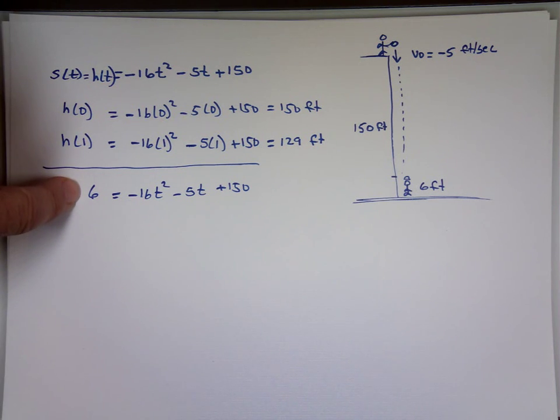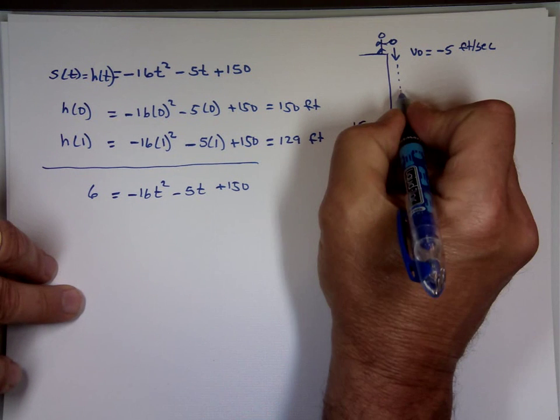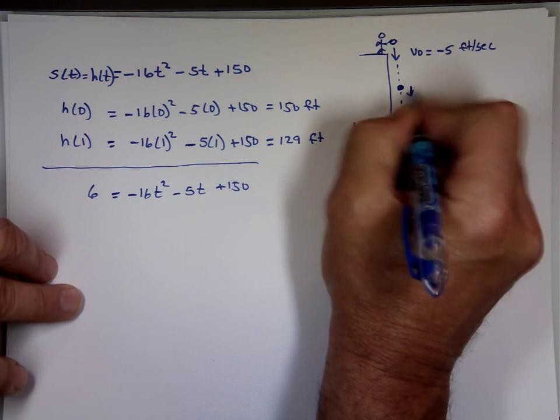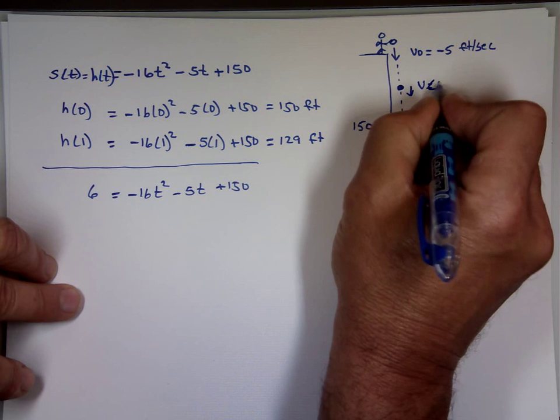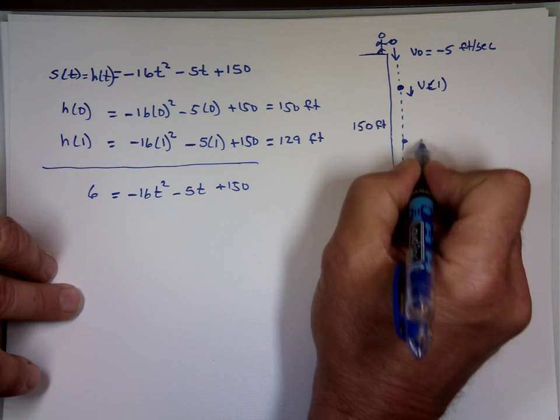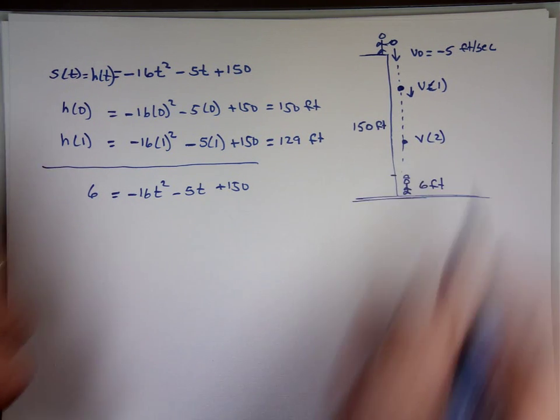But what about if I'm interested in the velocity, how fast the ball is moving? Someone said terminal velocity, we were talking about it. What is the speed of that water balloon coming down? What's the velocity at 1 second? What's the velocity at 2 seconds? Hopefully the ball is still moving at 2 seconds. How do we calculate velocity?